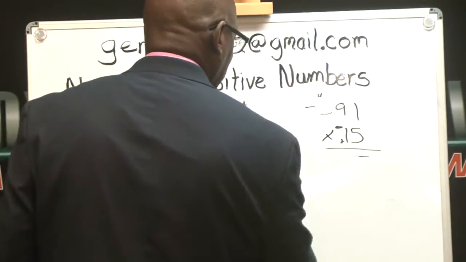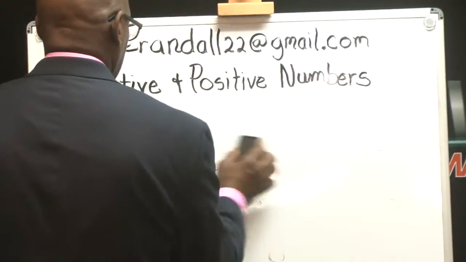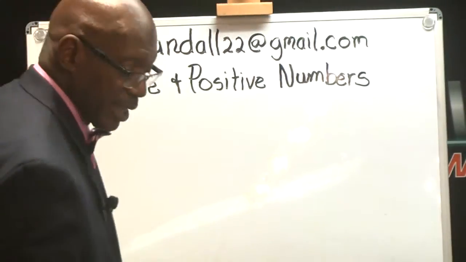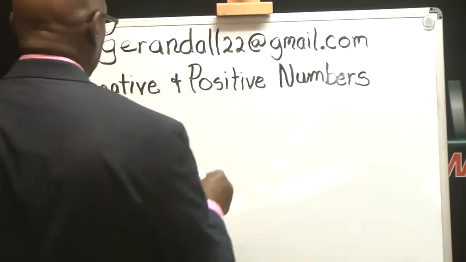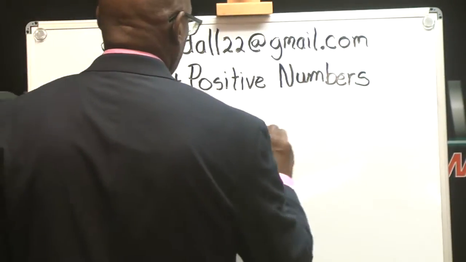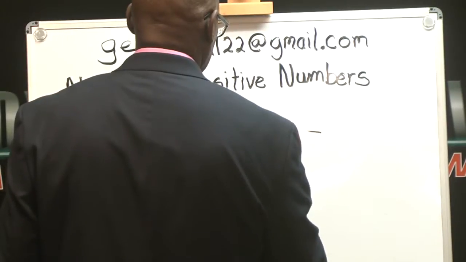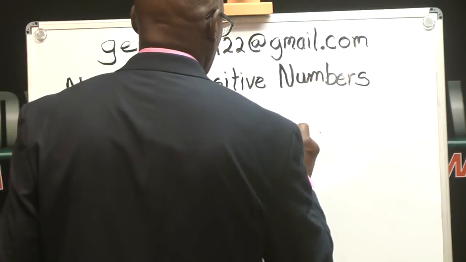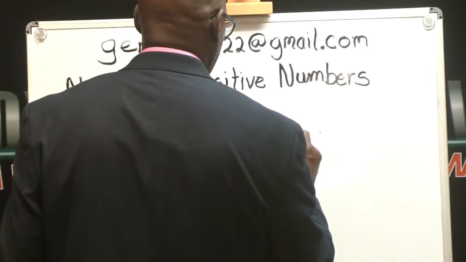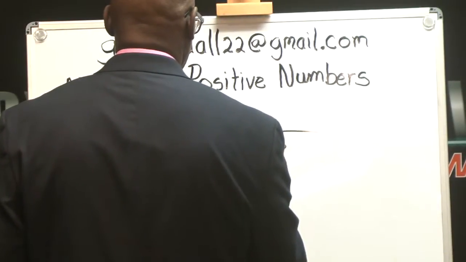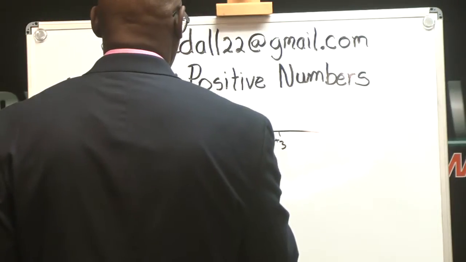So again, what we did today is we looked at, real quickly, negative and positive numbers. They are equal distance from 0. This is the positive side. And on this side, to the left of the 0, is the negative side, to infinity.